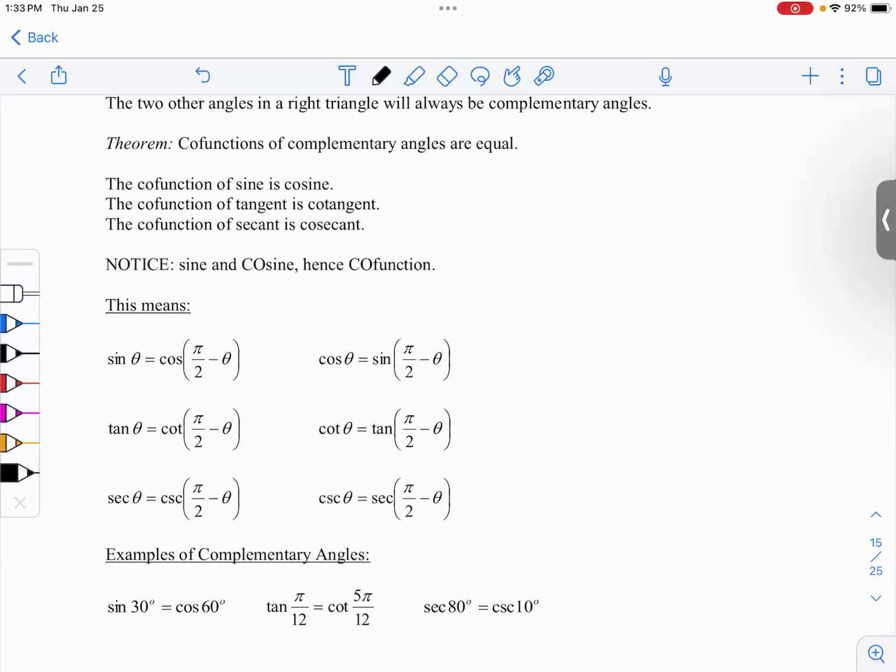Pi over 2, we talked about our radians to degrees. The biggest one you need to know is that the angle pi over 2 equals 90 degrees. Pi over 2 radians is 90 degrees. And I guess while we're at it, how many revolutions for 90 degrees?